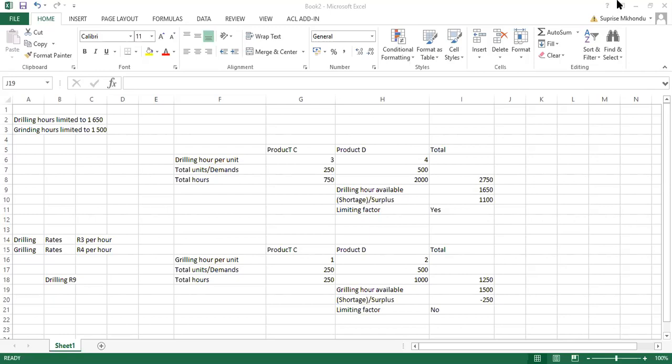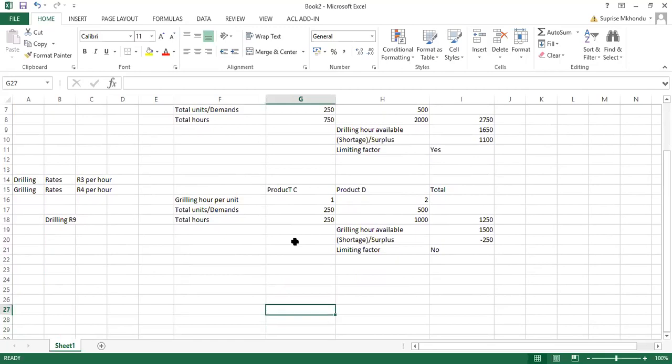All right, guys, to calculate the optimal mix production, we must now rank. We must do what you call ranking, right? To do ranking, we start by doing requirement number 2.